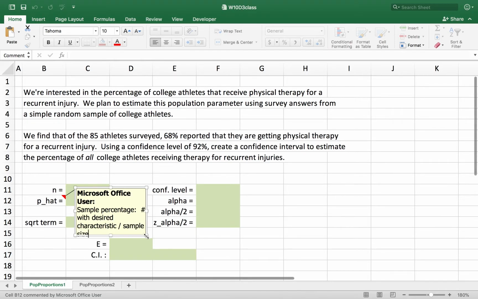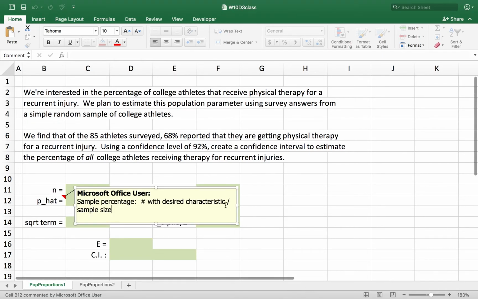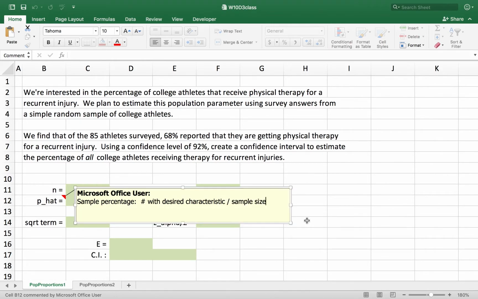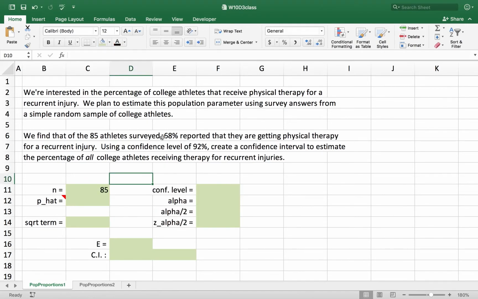So if we have the raw data, we may have to actually compute this using Excel. But in this case, we're told that 68% of the sample that we collected gets physical therapy for a recurrent injury. So our p hat value in this case is 68%. We're also told that the confidence level that we want to work with is 0.92.